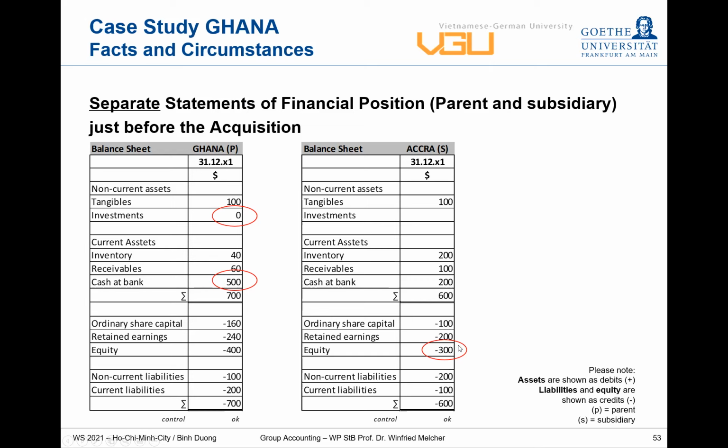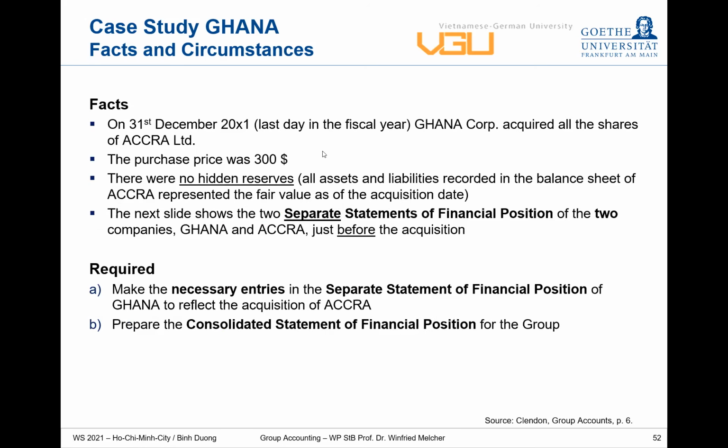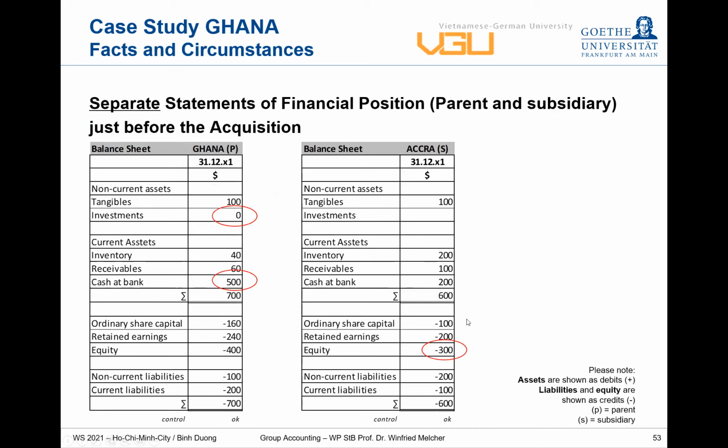And well, in this case, we have net assets of 300, or 600 minus liabilities of 300 equals equity or net assets of 300. And well, that was the purchase price. Okay. So obviously there are no hidden reserves. The purchase price is at fair value, and all the other items are also at fair value.